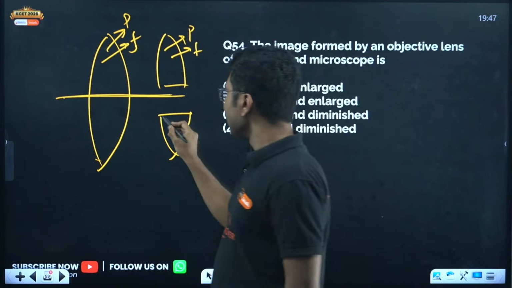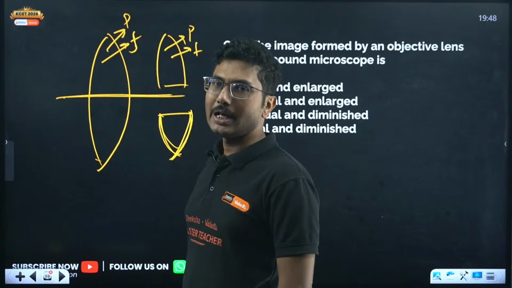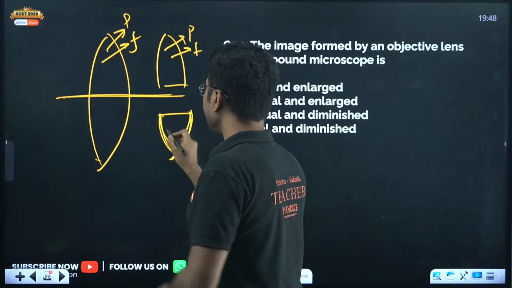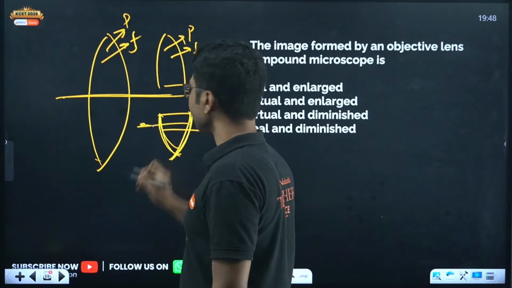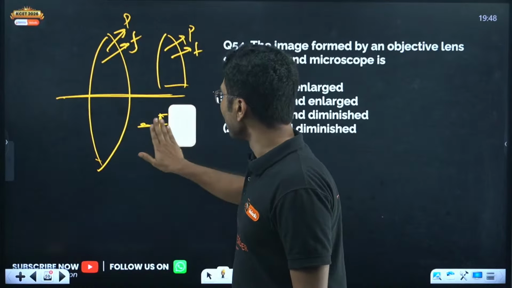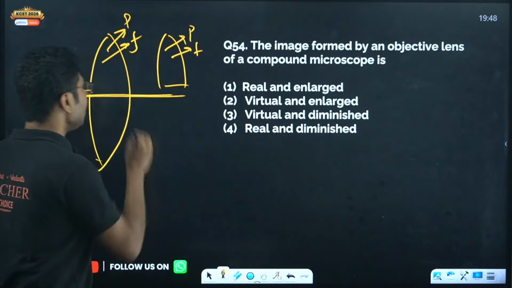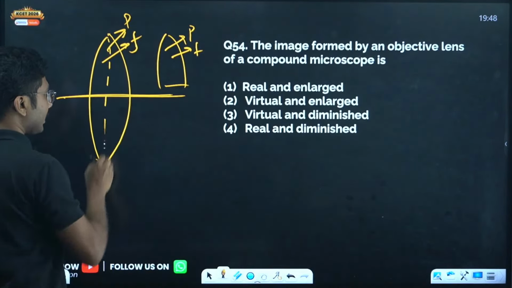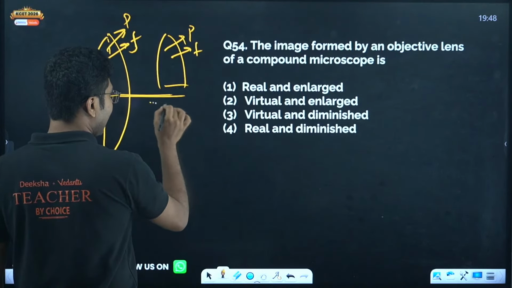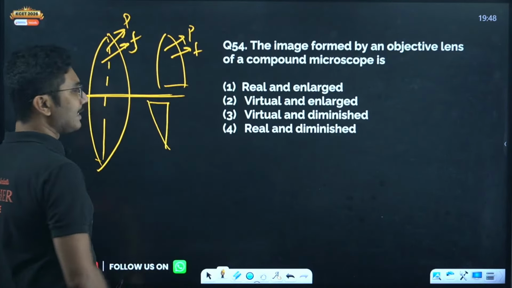Because if you take this small portion, the radius of curvature of the individual surfaces remains the same, only you have removed a half. But if you cut it along the diameter, this line is called the diameter of a lens, then one side becomes flat, another side remains curved.